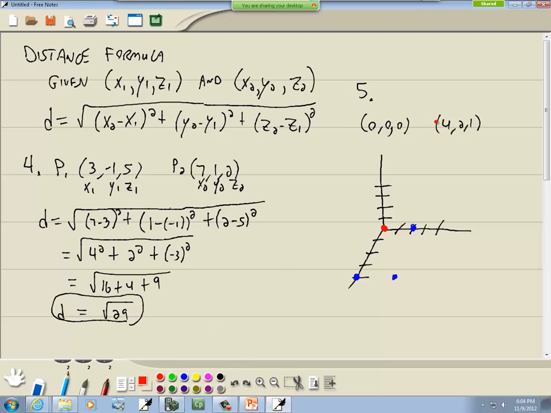Now I'll do red for the other one they give us. 4, 2, 1. So I'm going to go up a distance of 1, which is about right there. Which means I'll have a point right here. We'll have a point right here. And we'll have a point right here.